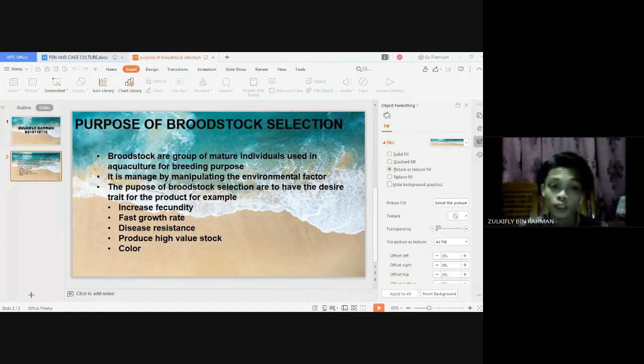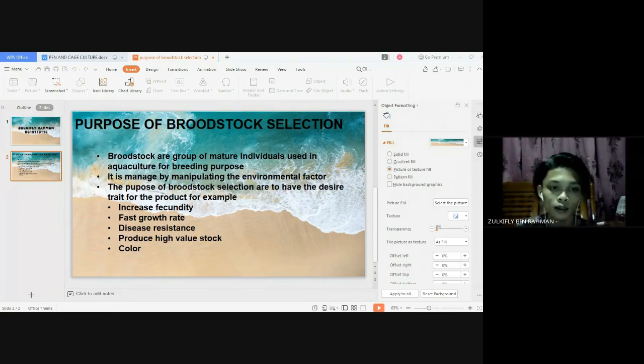The broodstock fish should also have good disease resistance. If this is inherited by the product, it will help the product resist any disease outbreak while they are in captivity. Producing high value stock means the broodstock selection will produce products which have high value.